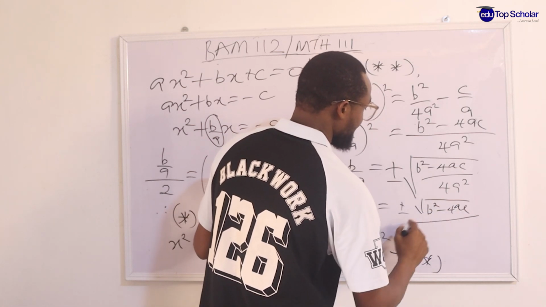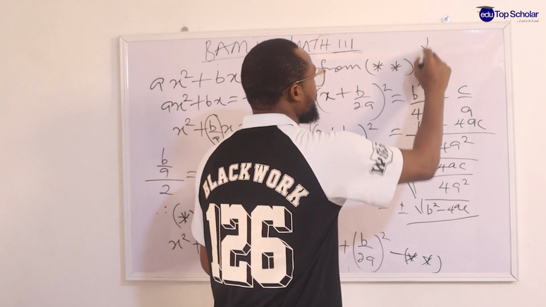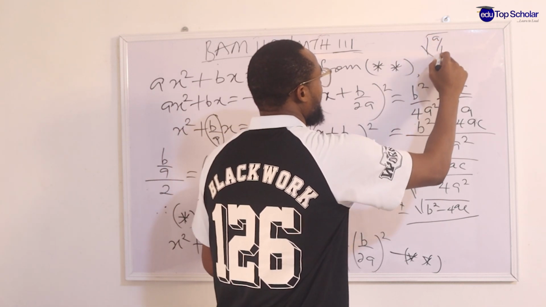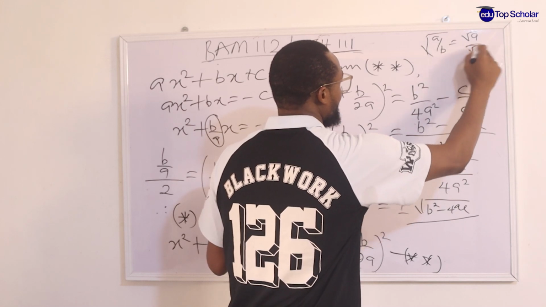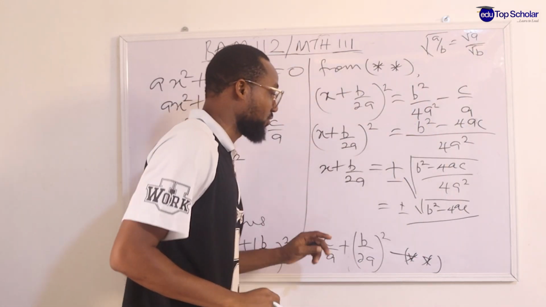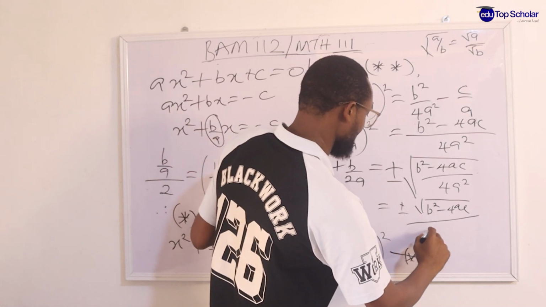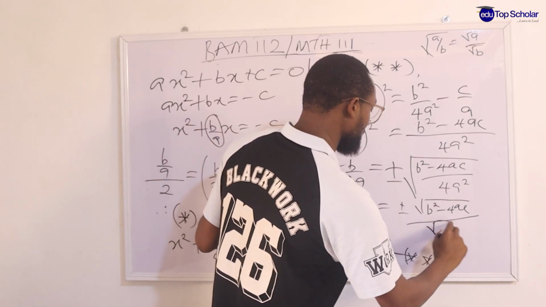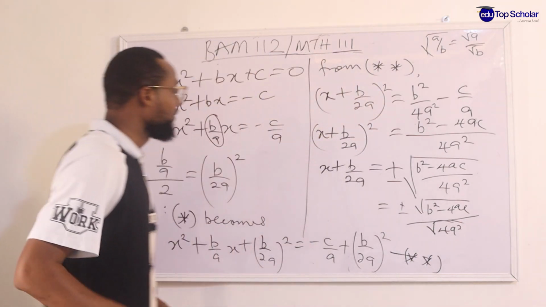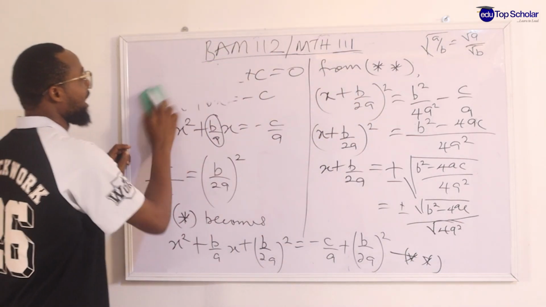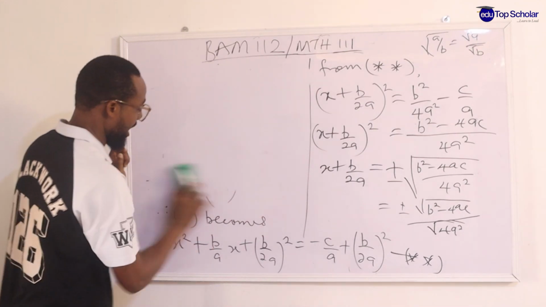We know that if we have root a over b, this is the same thing as root a over root b. That's from our surds class. We have described that one earlier. And now this will give us root 4a squared. Okay? And from here, we can reduce this one further.